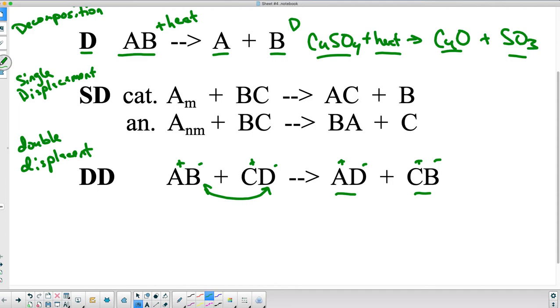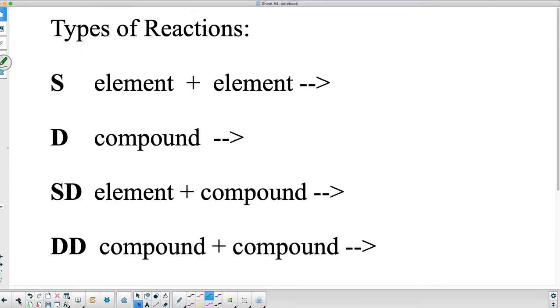If we're looking at just the reactants, because you have to figure out what the products are, then we have a scenario that looks like this. So here we have the types of reactions, and again, that's synthesis, okay? And then we have our element hydrogen plus our other element oxygen, like this, and then it yields like whatever. And this is a good example of how you figure out that it's a synthesis reaction.